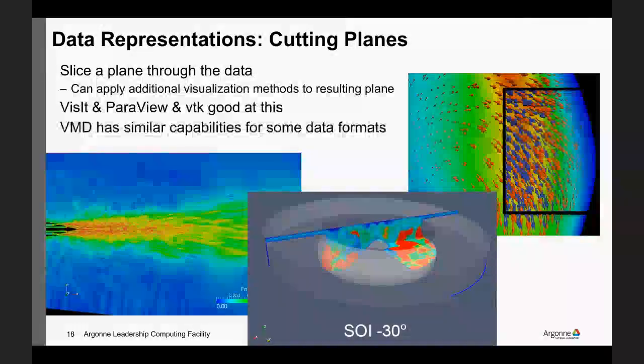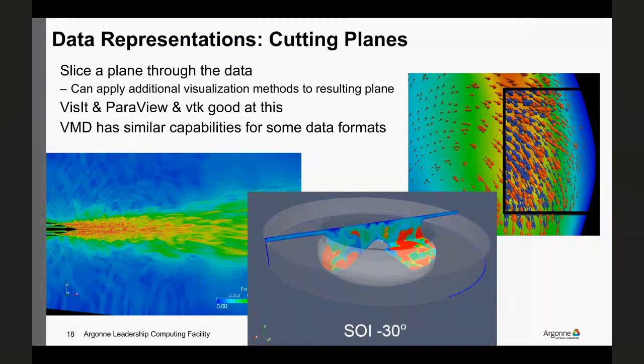For example, in this upper right image, we have a slice through the data set, and on that slice we're putting a glyph, an arrow, for each of the vertices that it's intersecting, applying a glyph that indicates the direction of flow along that plane.